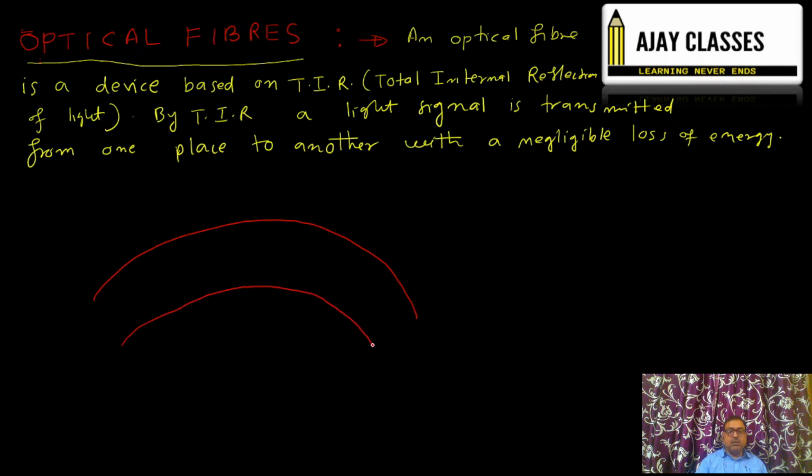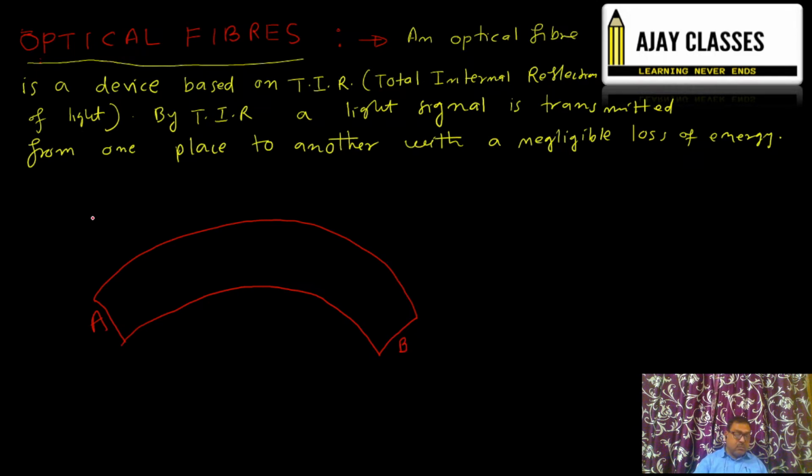This is the optical fiber. The two ends are, one end is taken as A, the other end is taken as B, through which the signal comes out.